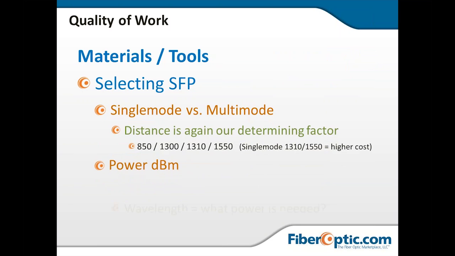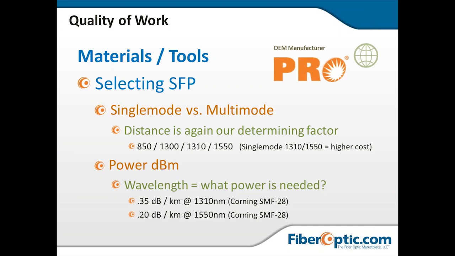Then when we look at SFP, we looked at first our fiber, then our enclosure. What we need to actually send signal over the fiber is an SFP, or small form factor pluggable, and again, we're looking back at what is the value of single mode versus multi-mode. I've used this example a little bit already, where we talk about the modal dispersion issues.